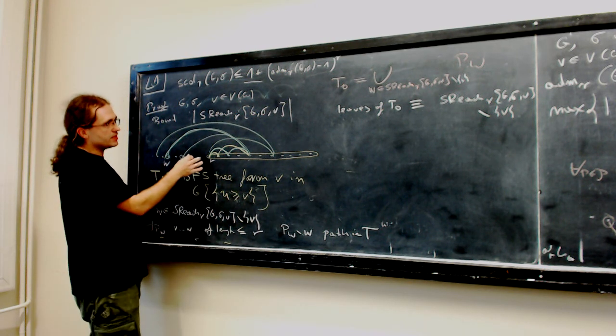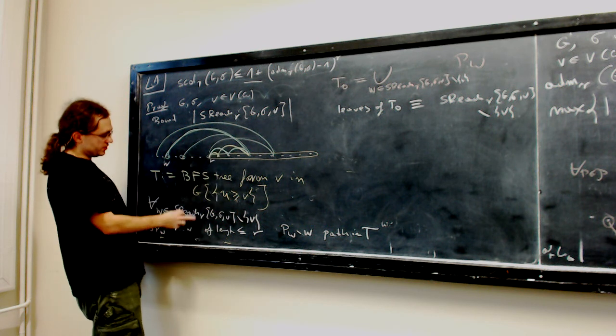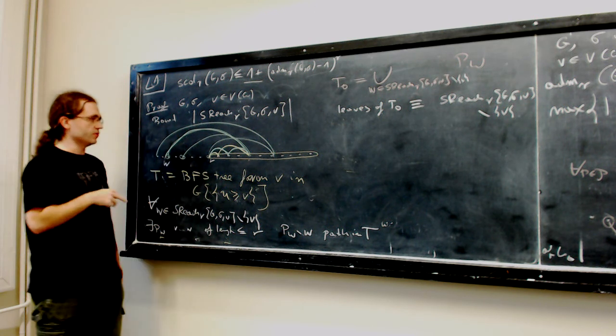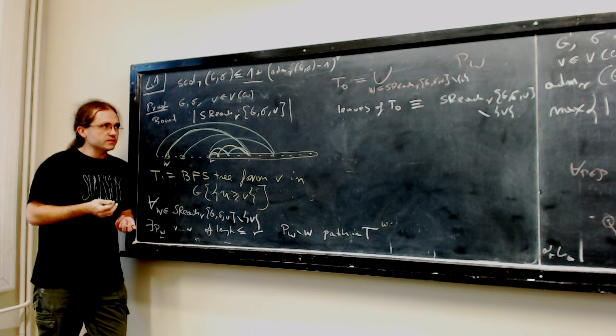So I'm building this tree. What I'm saying is that in T0, I found a subtree, which is the shortest paths for the guys from the strongly reachable set, plus the last hops towards the guys from the strongly reachable set. So this is T0.